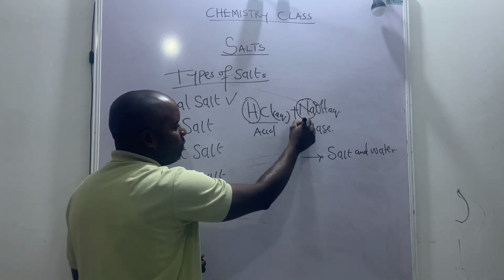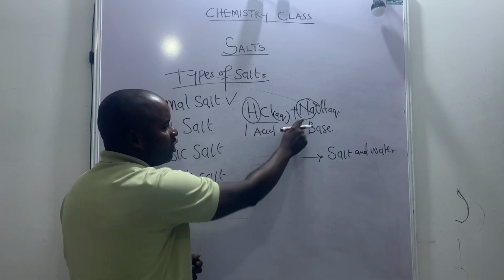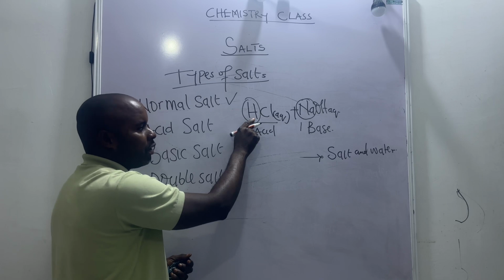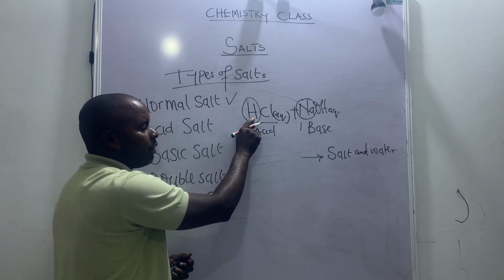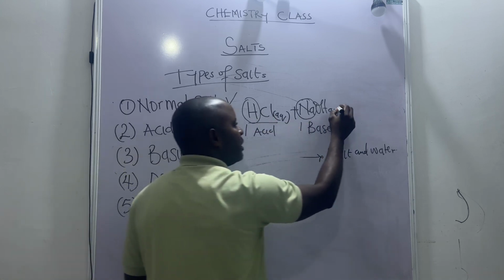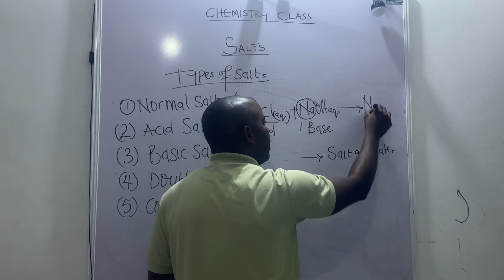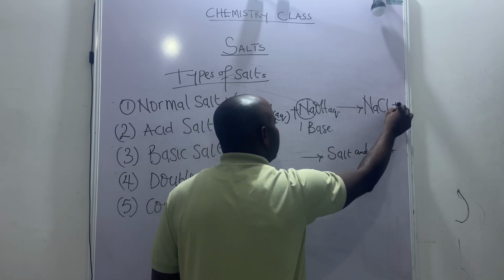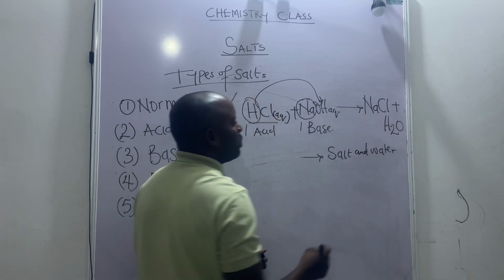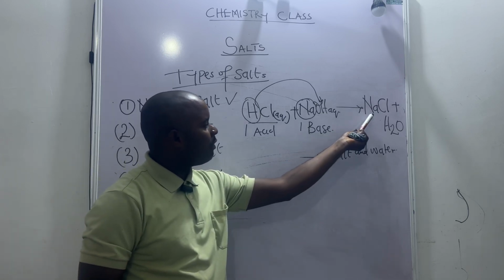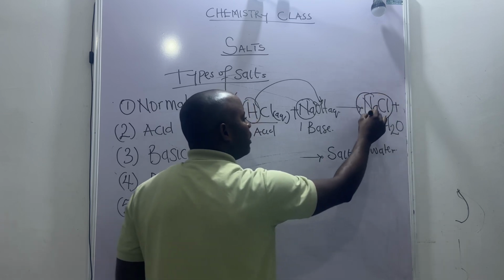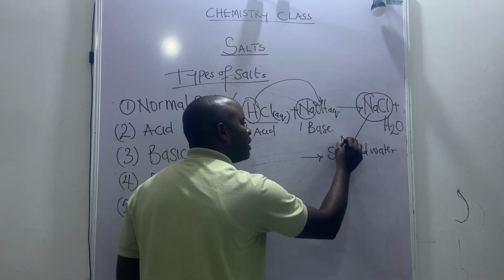We have 1 sodium here and 1 hydrogen here. Since sodium is more electropositive, it is going to displace the hydrogen from the chloride. This hydrogen will move down to the hydroxide to form H2O. Since this metal was able to completely replace the hydrogen, this is known as normal salt.